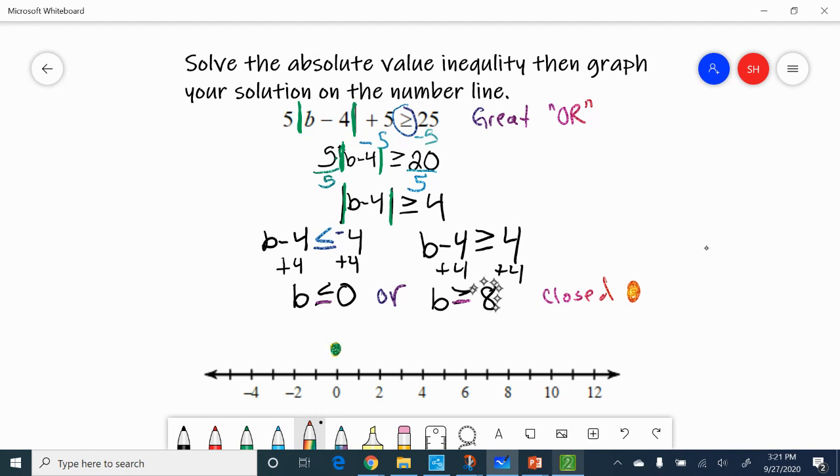We're going to go to 8 and put a closed dot because the answer includes that. We're going to do all of our numbers less than 0, so it's going to go to the left. We're going to do all of our numbers greater than 8. So what you need to make sure you realize is that you don't shade in the middle. Or problems should be going in opposite directions.